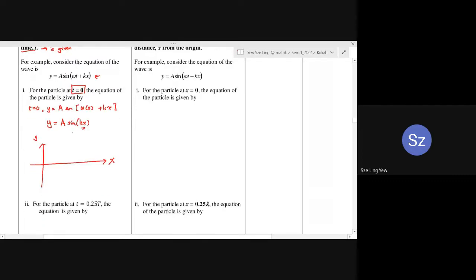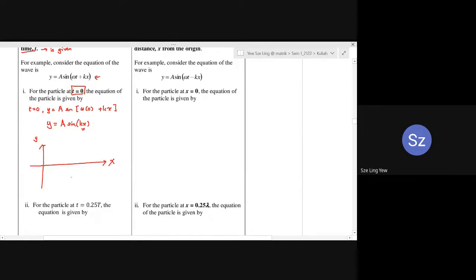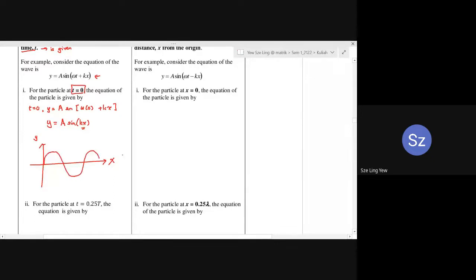You're not looking at the whole motion right now. You're looking at what happens at one given time. So you have a sine graph without initial phase angle. Therefore, the shape would be like this, just a regular sine graph.